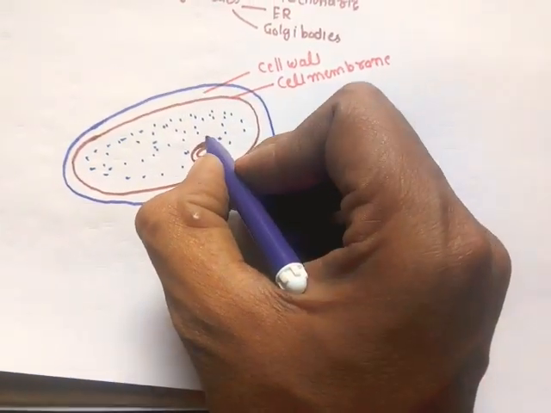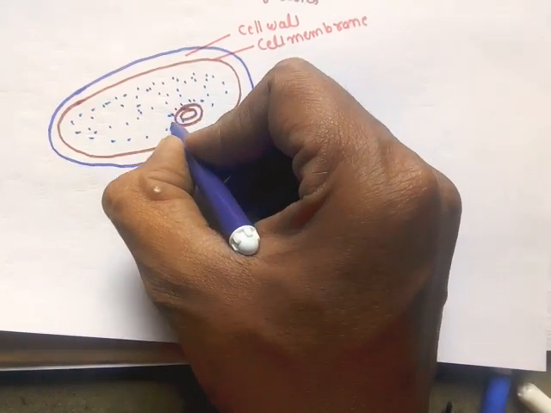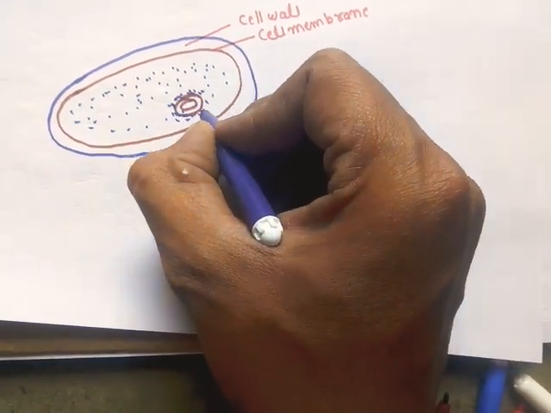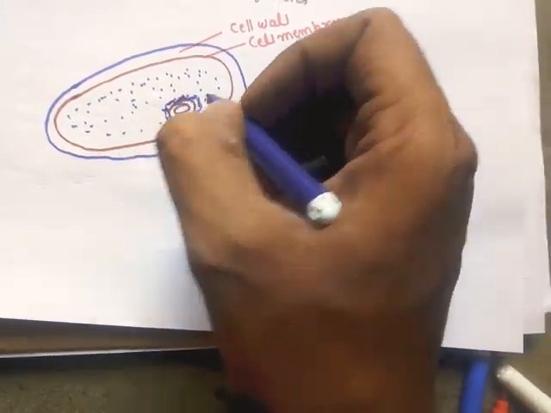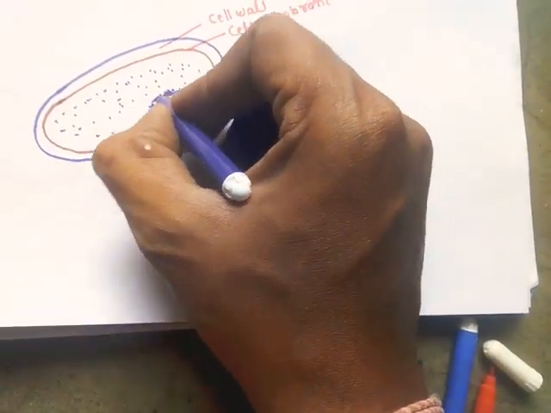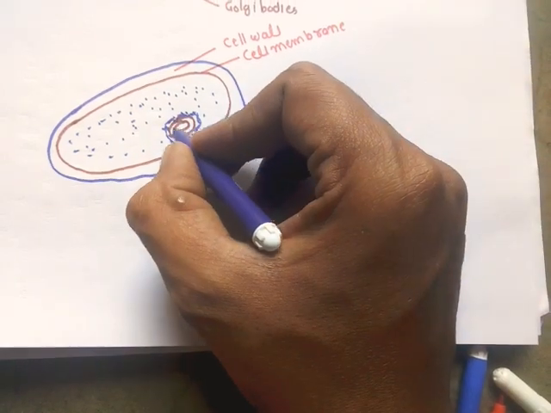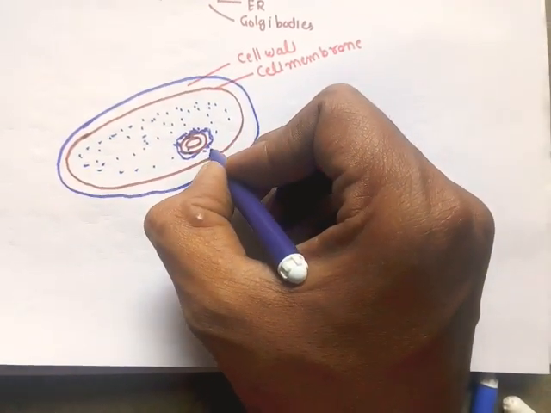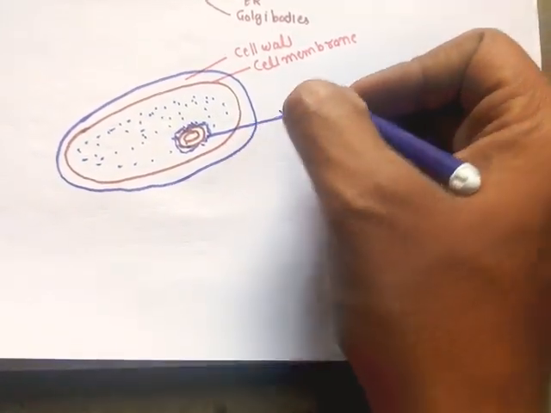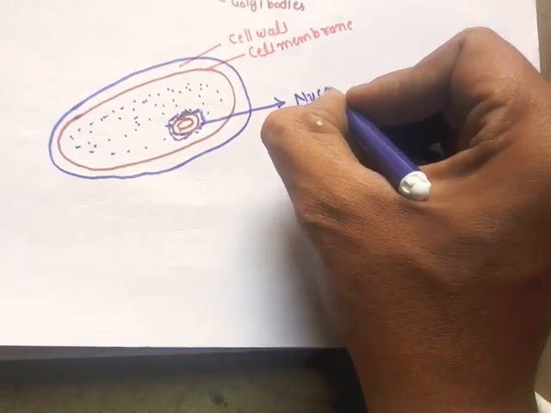This darkly stained region of the cytoplasm contains the DNA. You can see there is no nuclear membrane separating the DNA from the cytoplasm, but there is a specific region of cytoplasm that contains the DNA, and this region is known as the nucleoid.